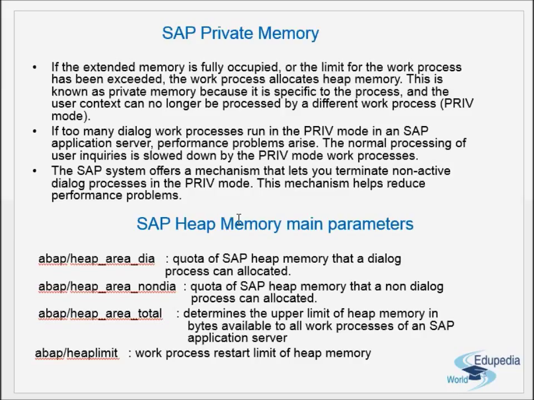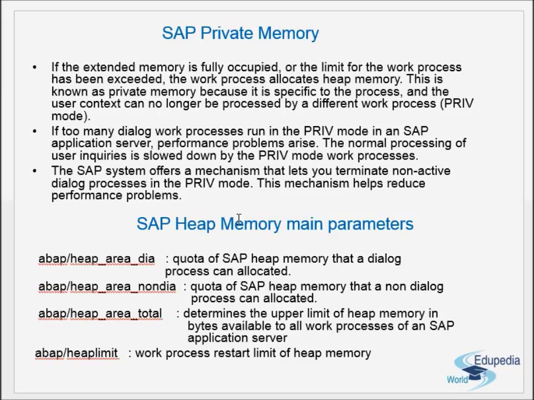taking up more of the heap memory of the operating system and they are not releasing it. For the other processes, you have to take memory and release it back again. Then only the other process can use it. If all the work processes take memory and don't release it back, then what will happen?